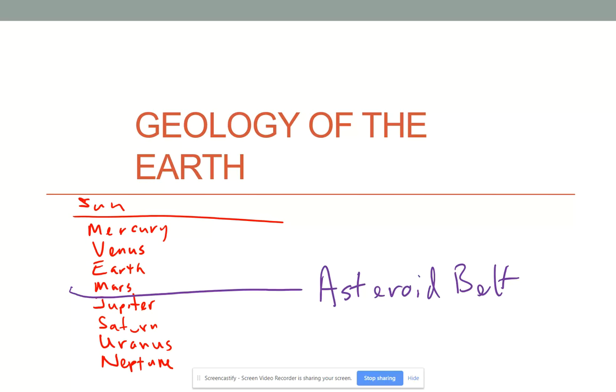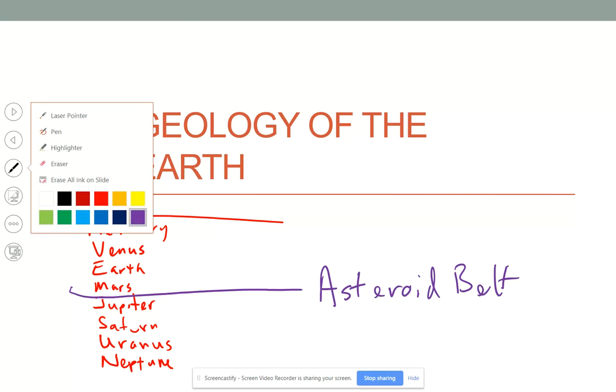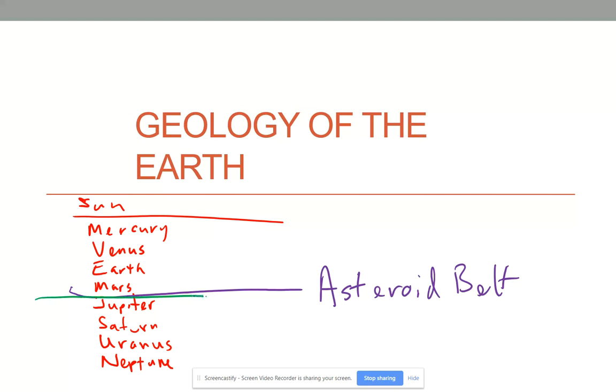And so looking at that, scientists have come to a conclusion that we have this thing that's called the frost line. And so the frost line is another thing that during the planet formation period was between Mars and Jupiter.